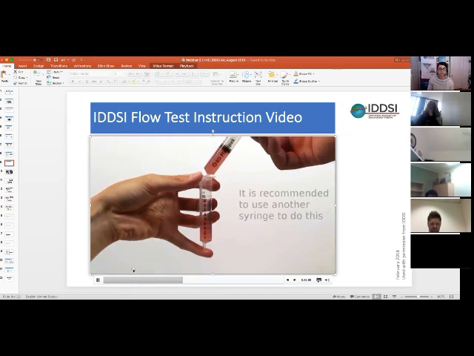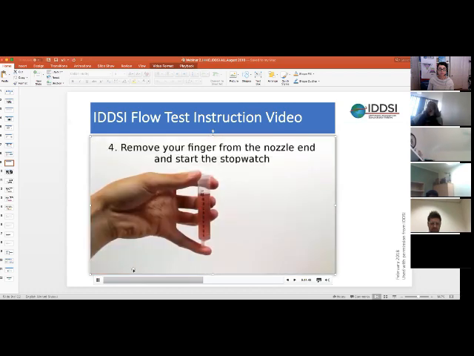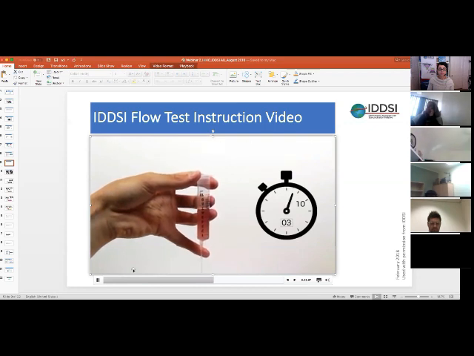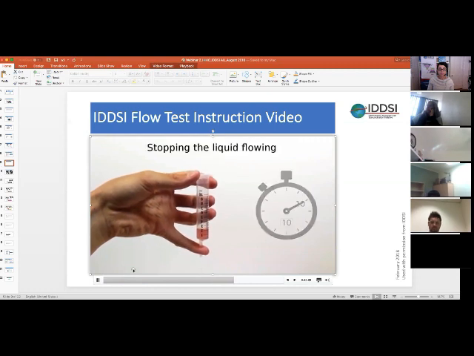It's recommended to use another syringe to do this. Remove your finger from the nozzle end at the same time as starting the stopwatch. At 10 seconds, replace your finger over the nozzle, stopping the liquid flowing.